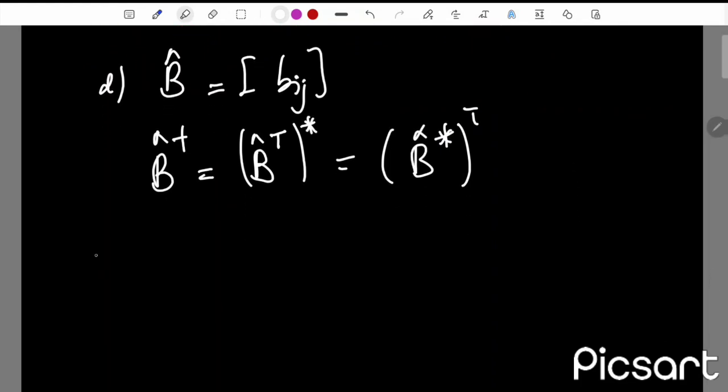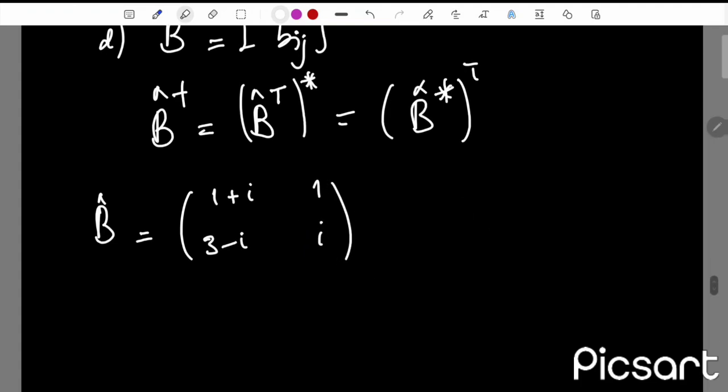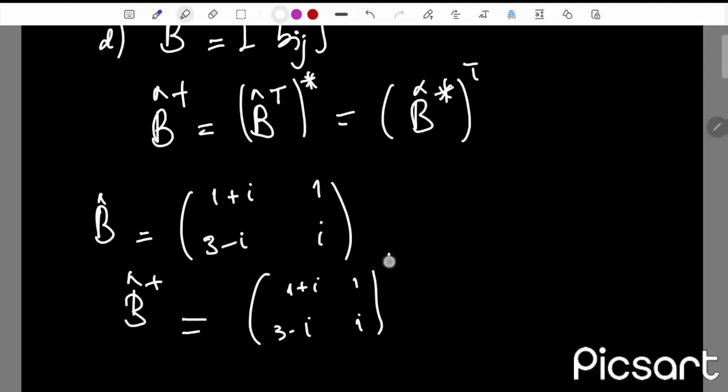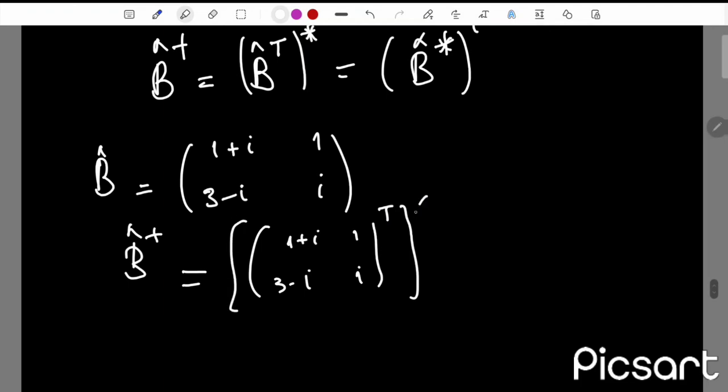I mean, suppose that we have, for example, the B operator equal to 1 plus I, 1, 3 or minus 1, and here we have only I. To obtain B dagger, we must firstly take the transpose of this matrix, and then take the complex conjugate of the resulting matrix.